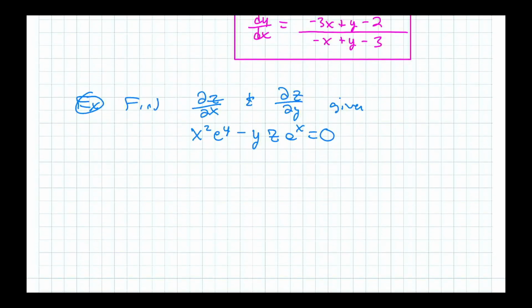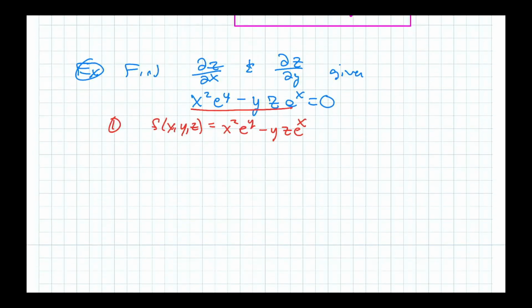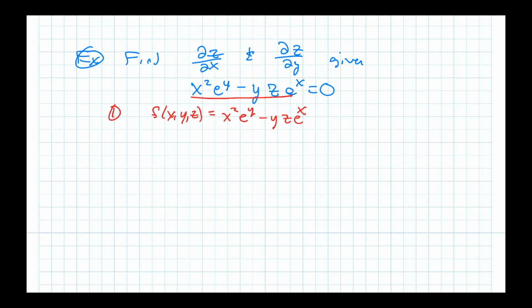So first of all, you need to make sure you understand the f again. So this whole thing is f. So f of x, y, z is x squared e to the y minus yz e to the x. Our first step is we're going to be calculating some of these derivatives.